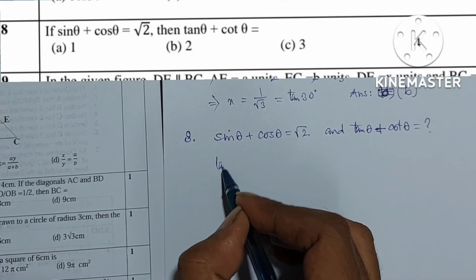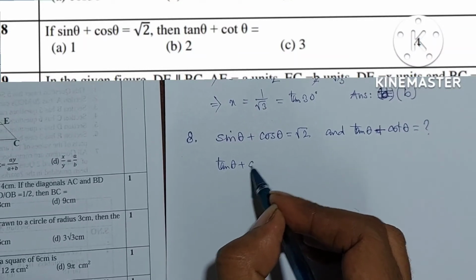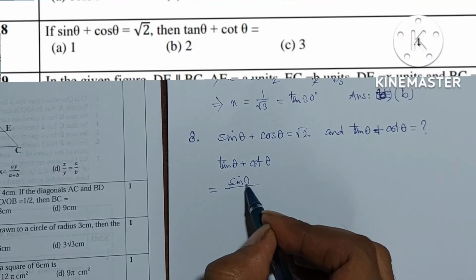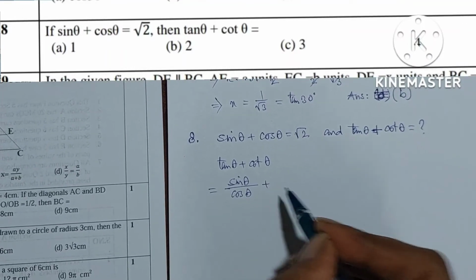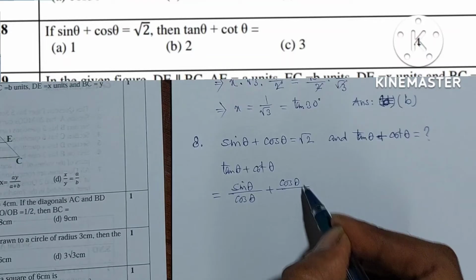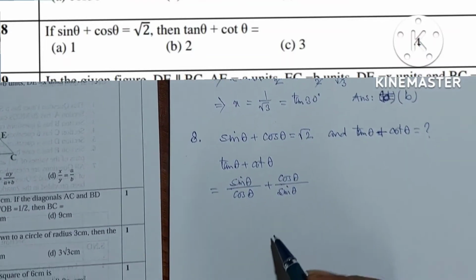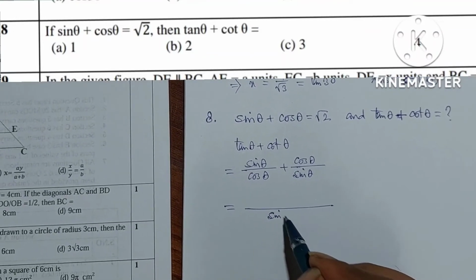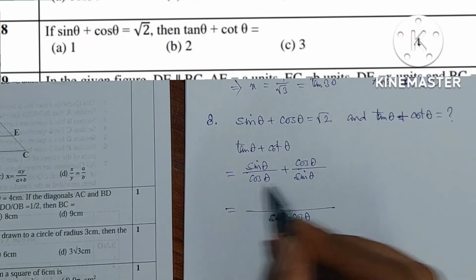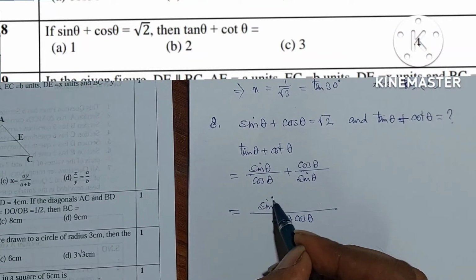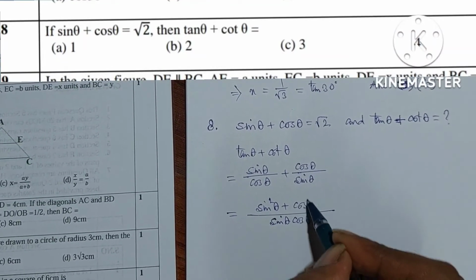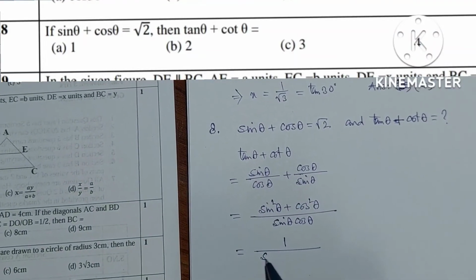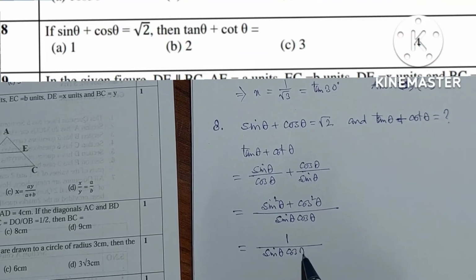So tan theta plus cot theta is equal to sin theta by cos theta plus cos theta by sin theta, and this is equal to, taking the LCM of the denominator as sin theta cos theta, on the numerator it will be sin square theta plus cos square theta. Since sin square theta plus cos square theta equals 1, it is 1 by sin theta cos theta.